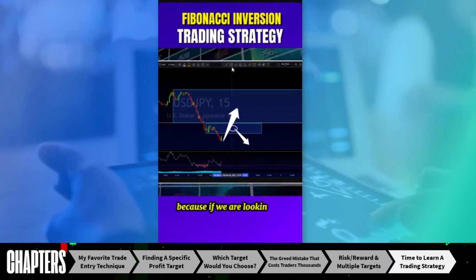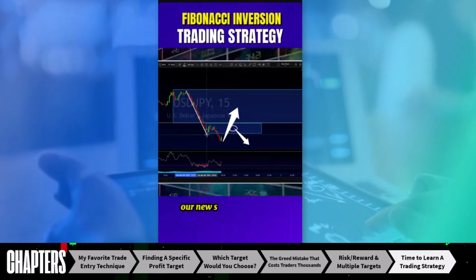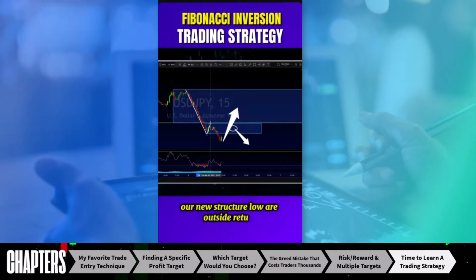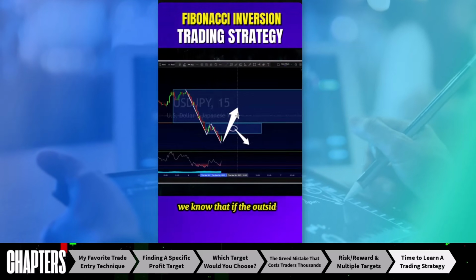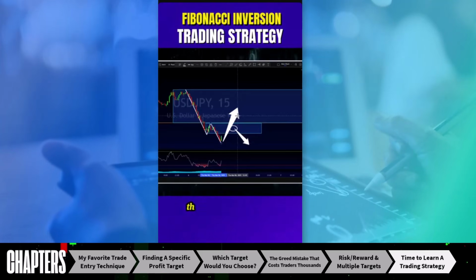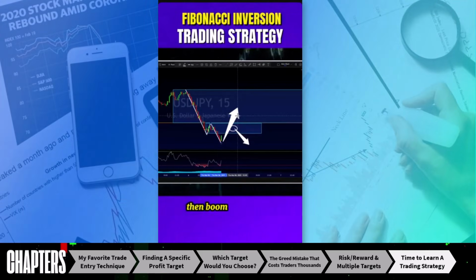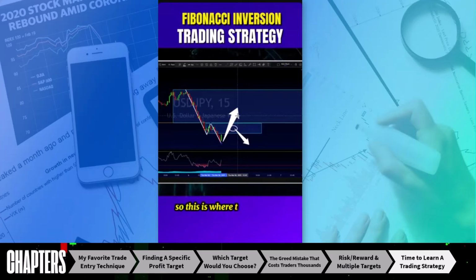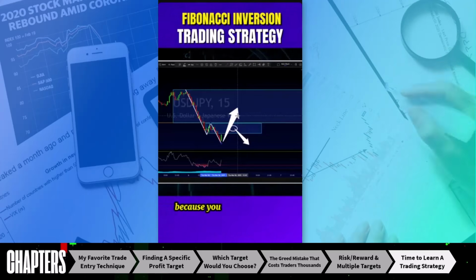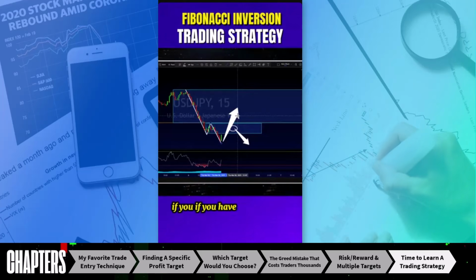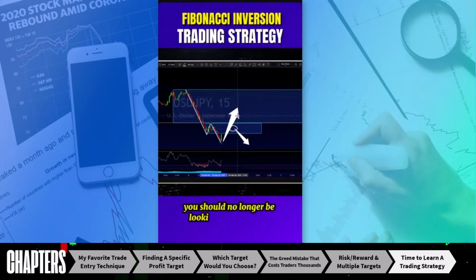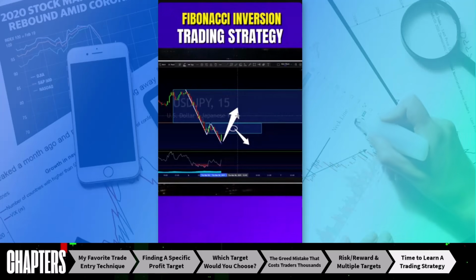Because if we are looking at this as our new structure low, our outside return, we know that if the outside return is violated, then boom, the trend is violated, right? So this is where the dilemma comes in, because you have a violation of trend. Therefore, if you have a violation of your bearish trend, you should no longer be looking to get bearish.